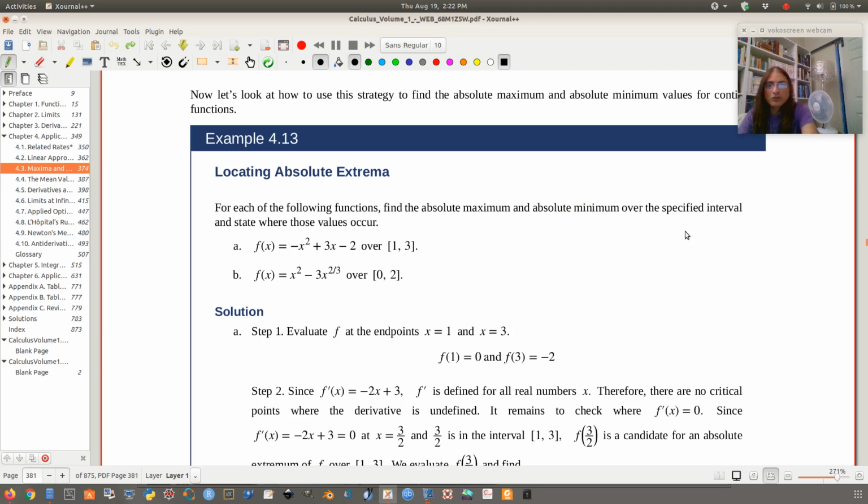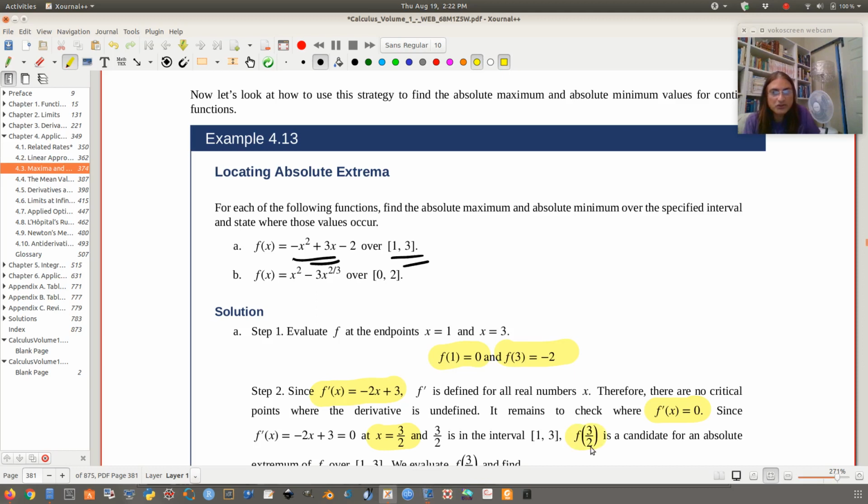Okay, so we are given this function. It's a quadratic function over a closed and bounded interval. That's good news. So we will find f of 1 and we will also find f of 3. So keep track of this. Now in step 2, we find the derivative and make it equal to 0 to find critical points. We get only one critical point when we solve that equation.